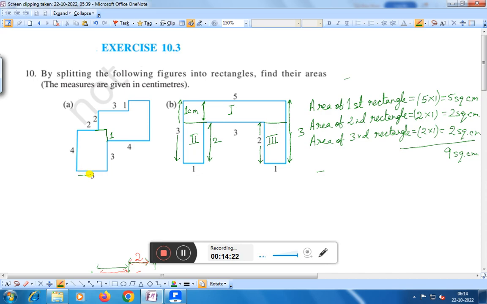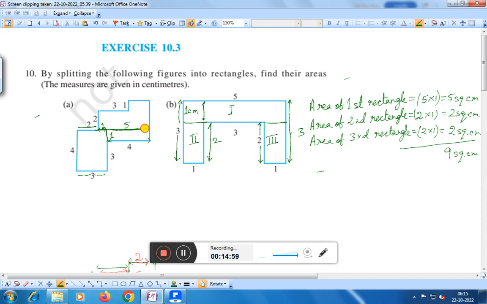And this one is 3, the total length from here to here is 3, and the length from here to here is 2, that means it is 3 minus 2, that is, it is 1, right? Now if we draw from here to here, right, this is 1 centimeter, from here to here is 1 centimeter, and from here to here it is 4 centimeter. You see this 4, and 4 plus 1, total is 5 centimeter.